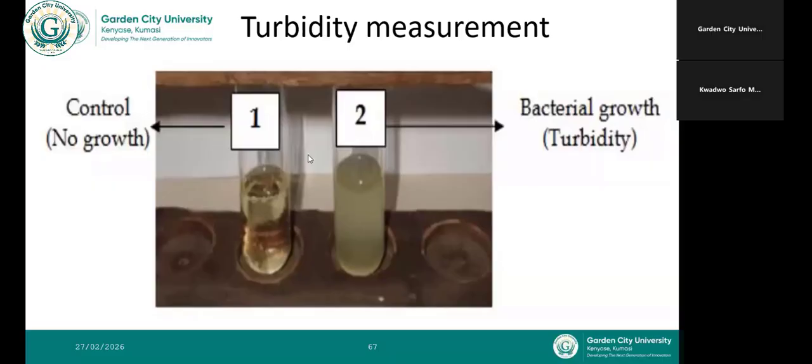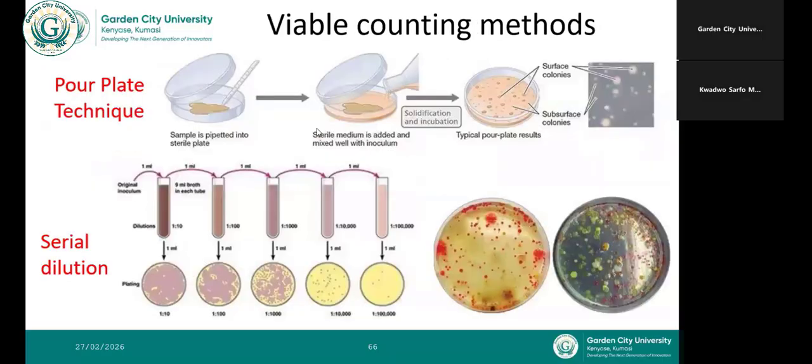All right. So the viable counting method, you can go about the pour plate technique, or you can use the serial dilution to estimate the viable counts. So you pick your sample or your specimen, then you place it on the petri dish, then you pour your medium, which will supply the nutrients.